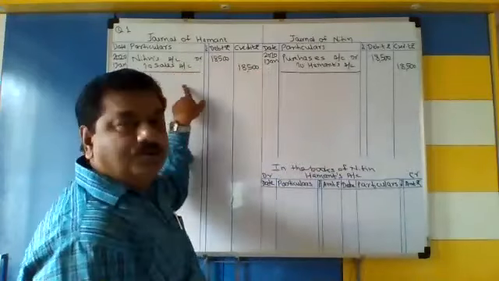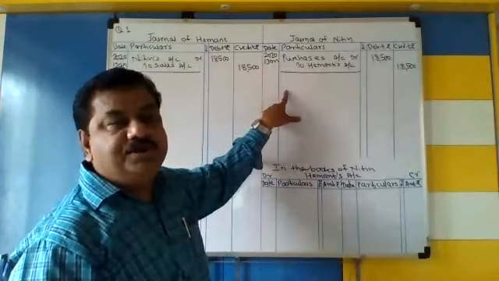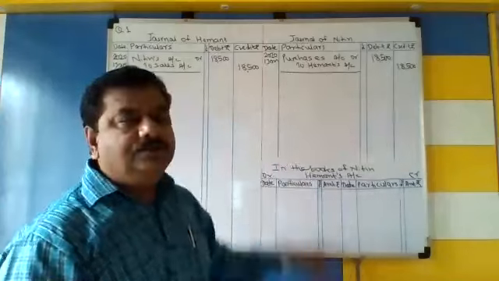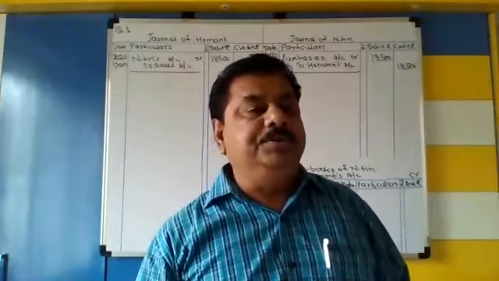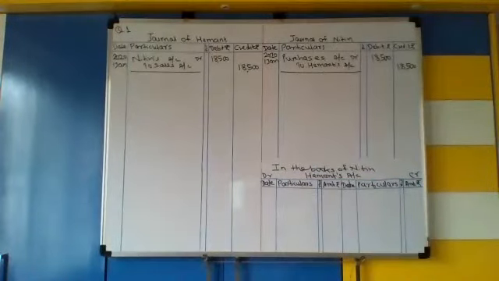For Hemant the goods are sold on credit, but for Nitin the goods are purchased on credit. Accordingly the entry is taken. Write the narration here: being goods purchased on credit.